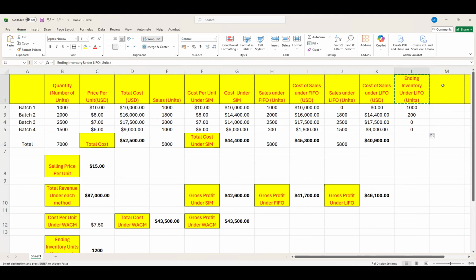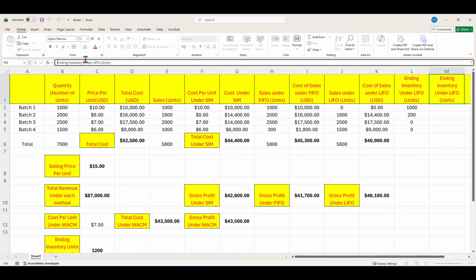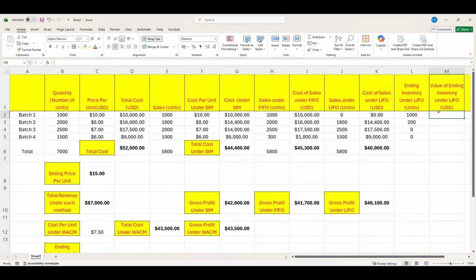So value of ending inventory, let's say if I'm doing value of ending inventory under LIFO in dollars, this is coming out to be how much? Again, which two numbers do I need to multiply? Which two cells do I need to multiply?